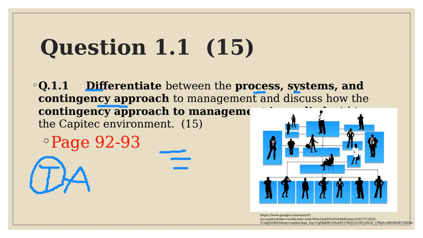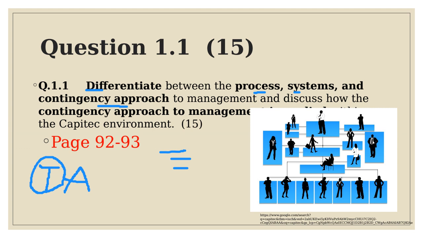So how the whole system is interrelated and interdependent. And then contingency, in a nutshell, is how everything changes to each situation. So contingency approach tells us that we need to change or adapt our management style depending on the situation that we find ourselves in. Okay, so we have these three different approaches.